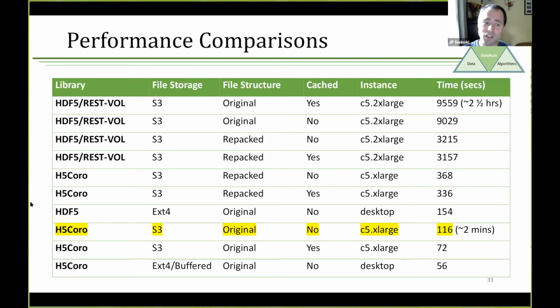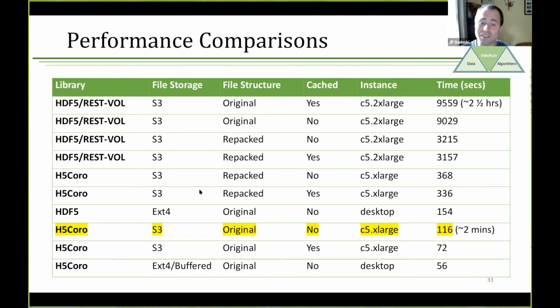Then our next jump down is using the H5Coro library. On the repacked data, we get a factor of 10 improvement on top of that, just using H5Coro. So you can see, even with the large chunk size, H5Coro is a significant improvement over the HDF5 REST file approach.